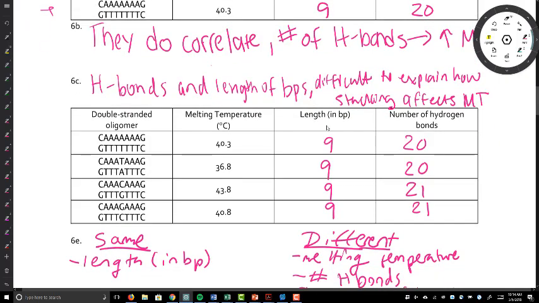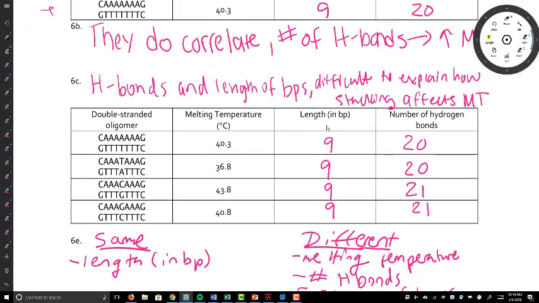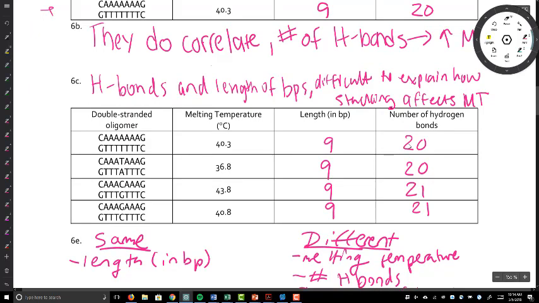So when we look at these two, we can see that when we switch from A and T to being T and A, and then in this one, we switch C and G from being G and C, we can see that between the first 2 DNAs and the second 2 DNAs, our number of hydrogen bonds are changing.